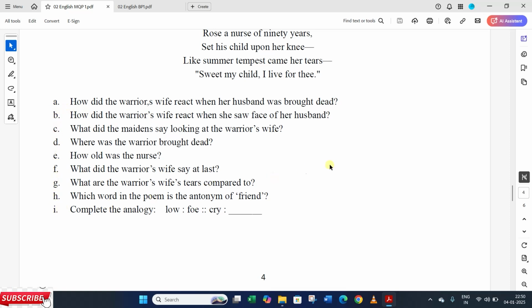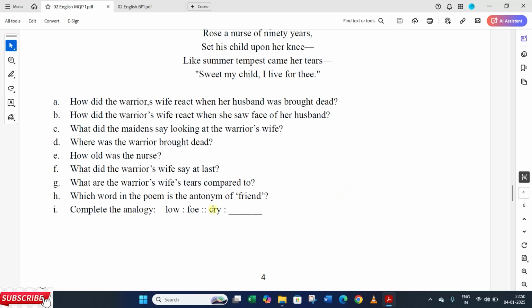9 questions are asked. Here, my dear students, up to G you will find theoretical questions, but for H and I you have to understand the very important things. The last 2 questions will be based on either antonym, synonym or rhyming words, and the last question is to complete the analogy. So what exactly is it? It is about the rhyming scheme. You can find here low, foe, like that.